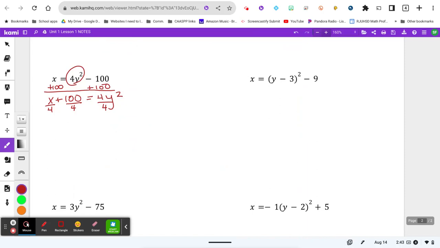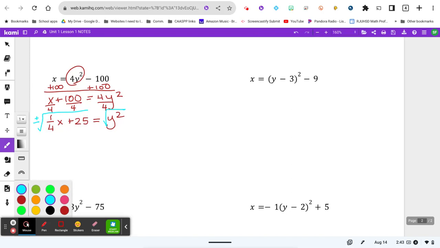And remember, if there's no number in front of the x, it is a 1, so 1/4 x plus 25 equals y squared. And now to get rid of a square, hopefully you guys all remember, to get rid of a square, we're going to take the square root. We're going to take the square root of both sides, and we're going to put a plus or minus in there.